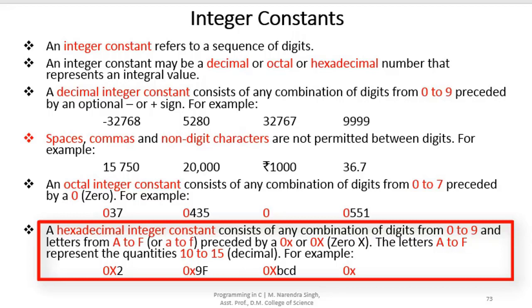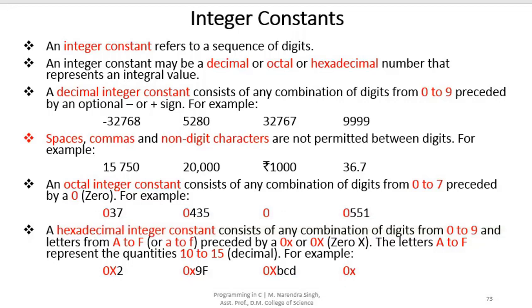For example, the number 0x2 is the hexadecimal number 2. The number 0x9f is the hexadecimal number 9f. The number 0xBCD is the hexadecimal number BCD. The number 0x0 is the hexadecimal number 0. In all these numbers, we preceded the number by 0x to indicate that it is a hexadecimal number.